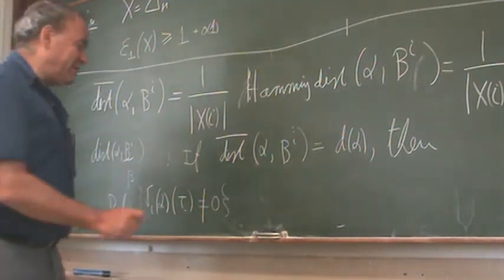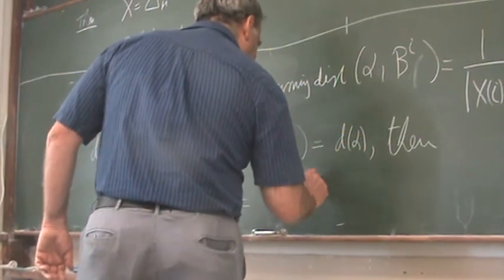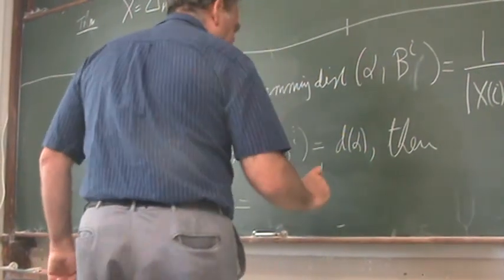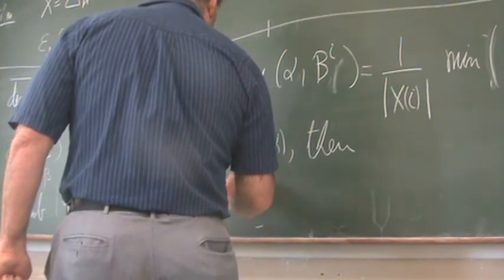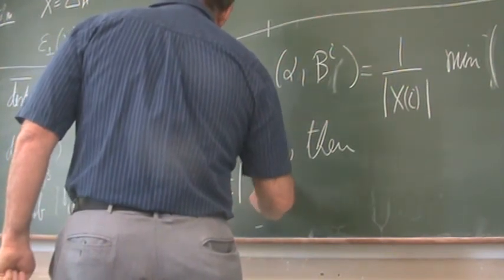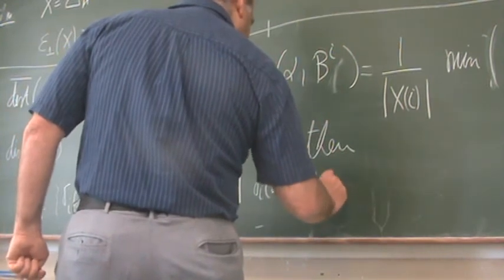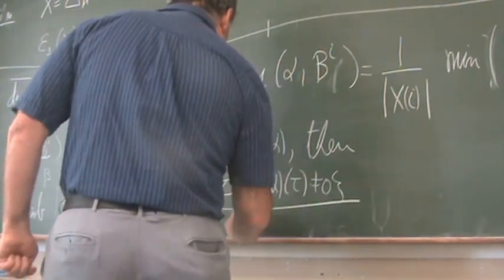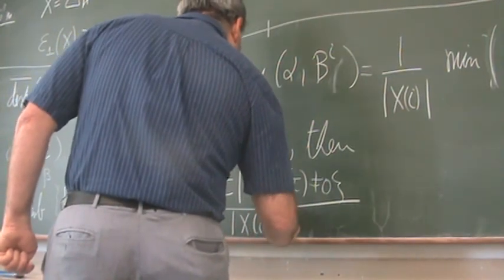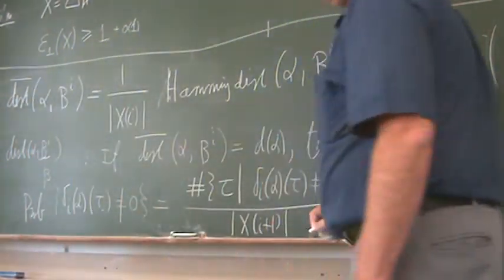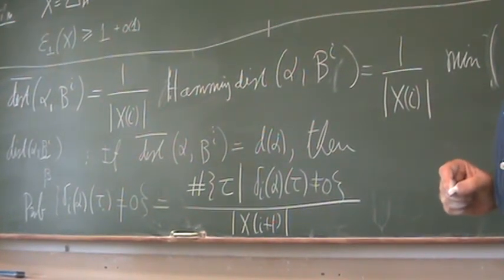This probability is exactly the number of tau such that delta I alpha of tau is not 0 divided by the total size of X I plus 1.